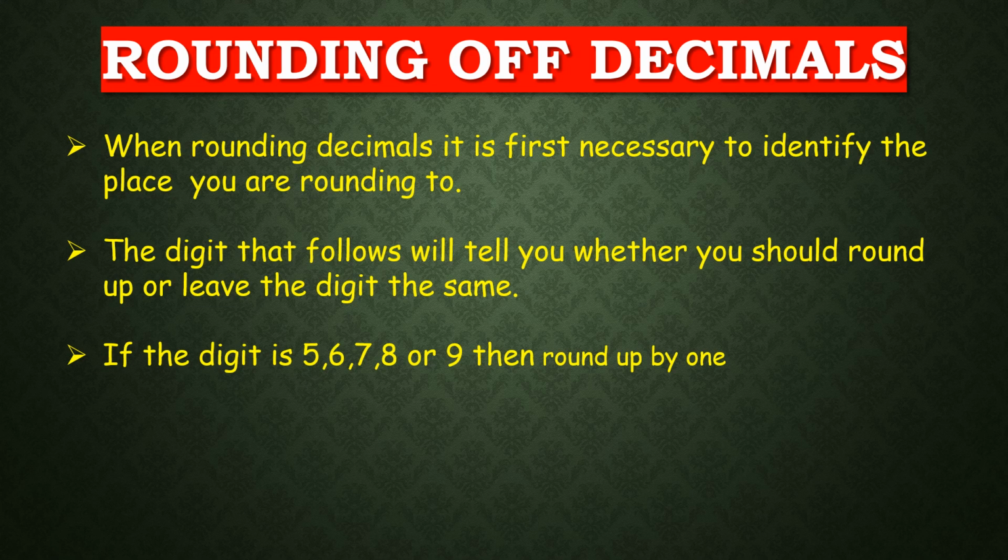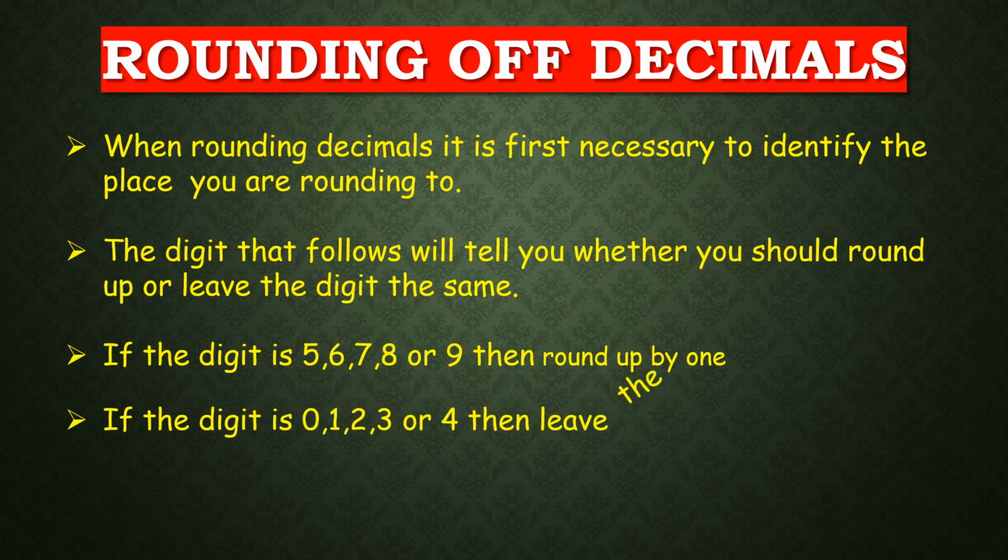Means if the digit after the circled number is 5, 6, 7, 8 or 9, then you will add 1 to the circled number. And if the number is 0, 1, 2, 3 or 4, then you will not add 1.